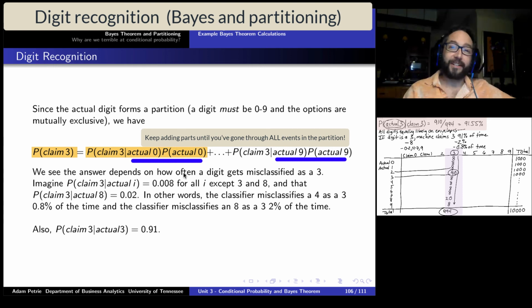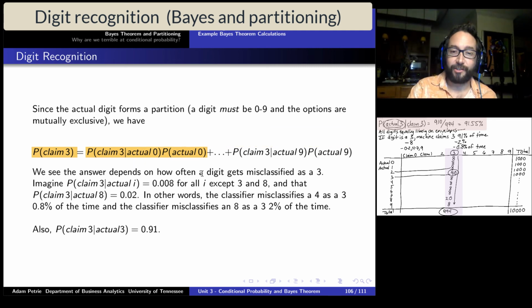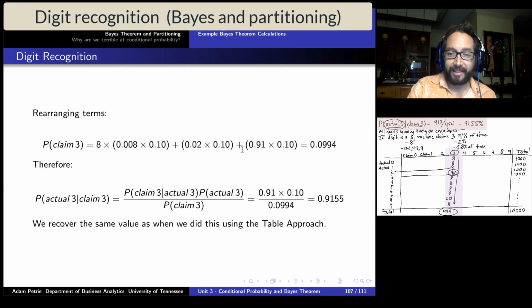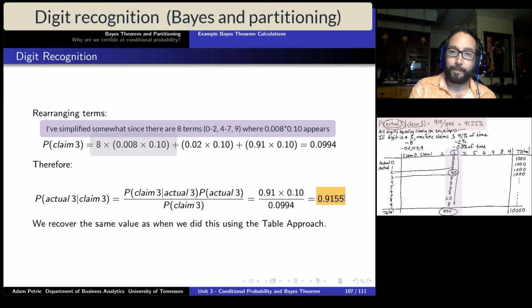And we go down and exhaustively enumerate all 10 of those events in our partition, the actual identity of that digit. So it's a long equation. That's why we got those dot, dot, dots there. I'm not going to write that whole thing out. But at the end of the day, we can go through, plug everything in there, plug it back into Bayes' theorem, and we end up with that 91.55%, the same value that we got in the table approach.